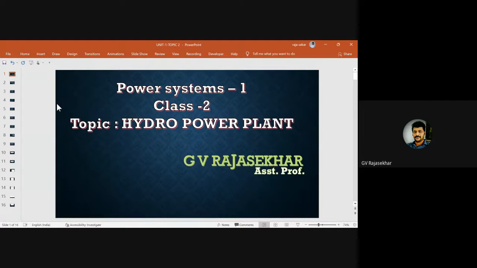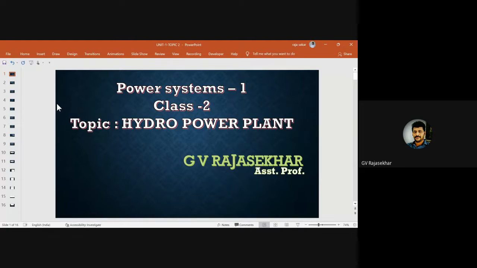So we are using water as an input, and we are going to circulate this water into the turbine so that the turbine rotates with the help of the energy which is given by the water.